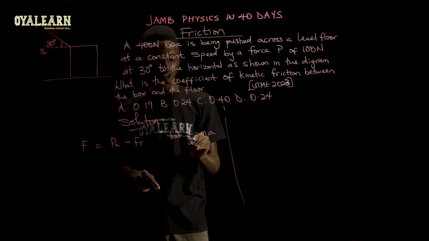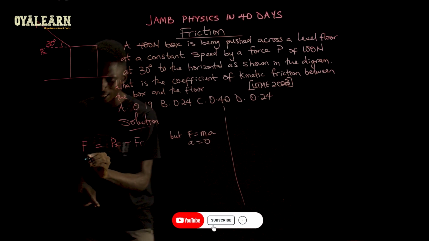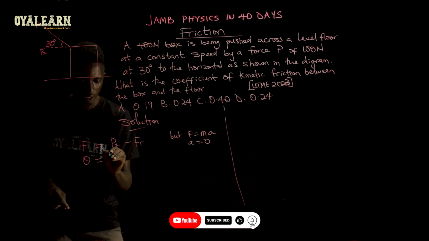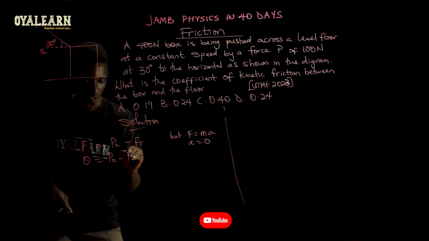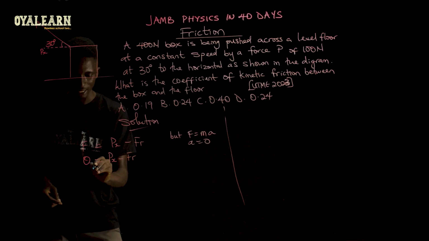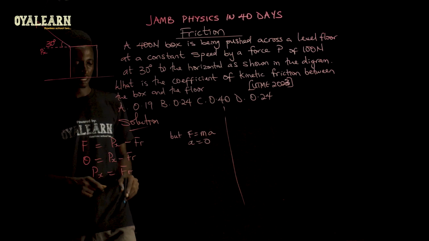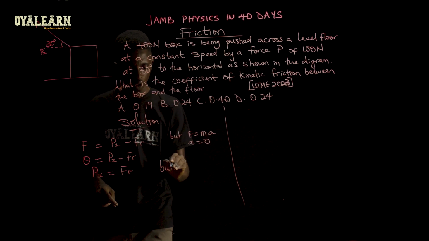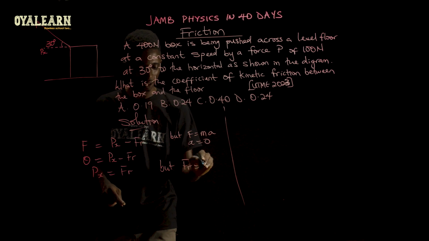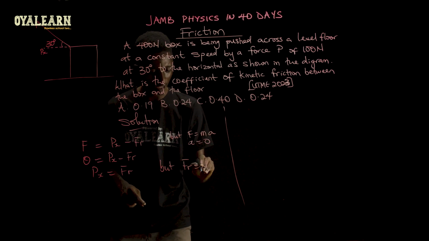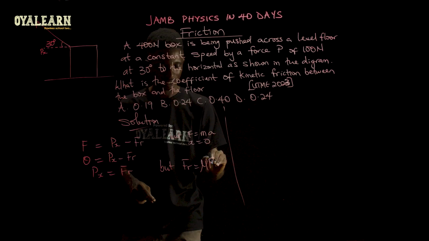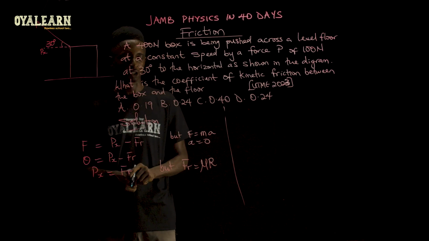So that means acceleration here is 0. So we can say 0 equals P of x minus frictional force. So we can then say P of x equals frictional force. But also, we know that frictional force equals coefficient of friction times normal reaction.